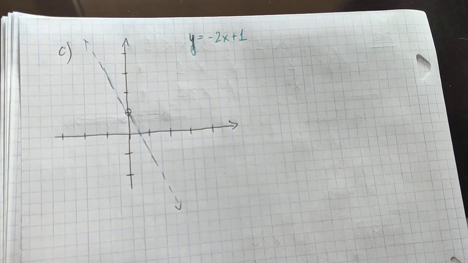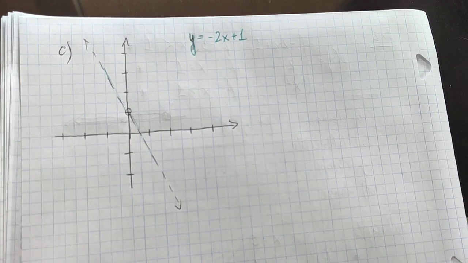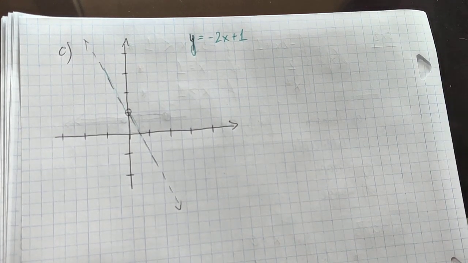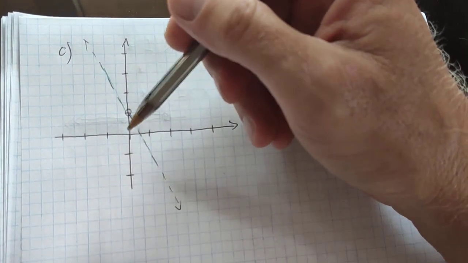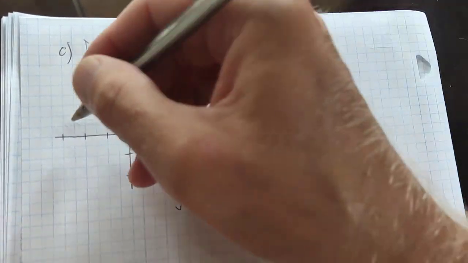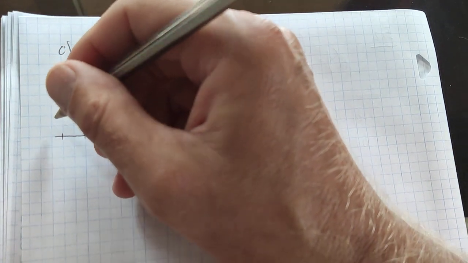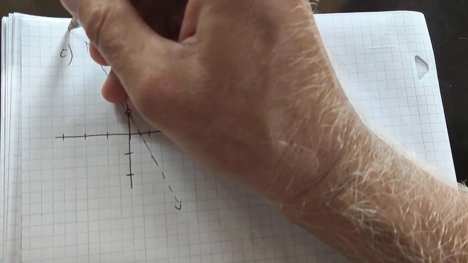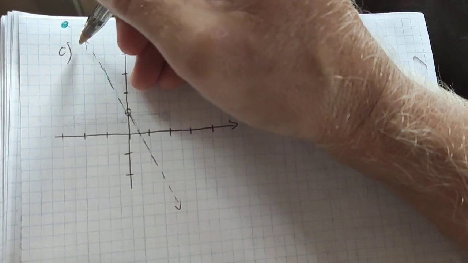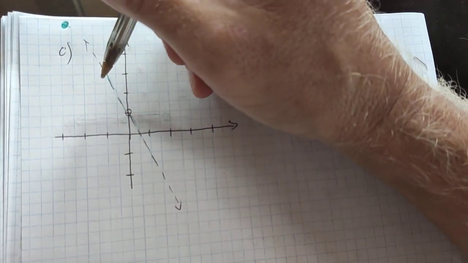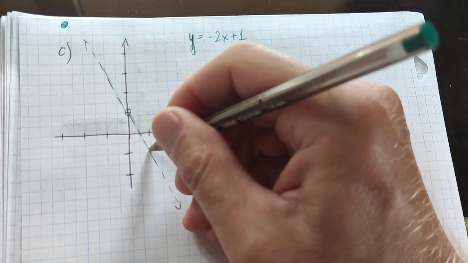Let me actually graph it properly now. So between negative 3, from here, all the way to x equals 1.